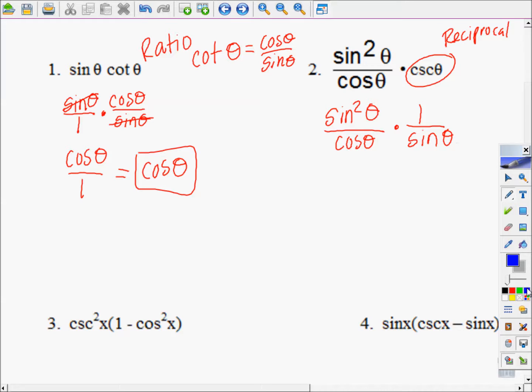So I have 2 sines in my numerator and 1 sine in my denominator. So what can happen? I can eliminate one of them. I can't cross it out, but I can eliminate, because it's squared. So I only can eliminate one of them, and I'm left with sine theta over cosine theta. And what is that equivalent to? That equals tangent theta.